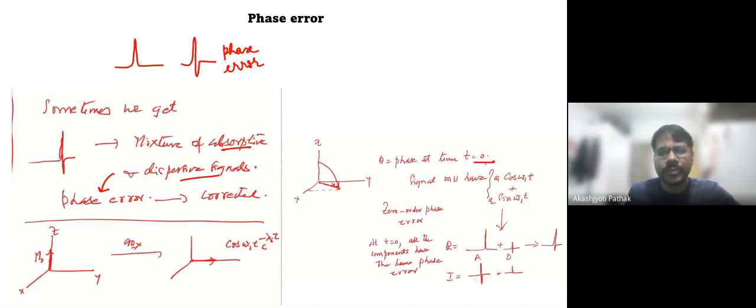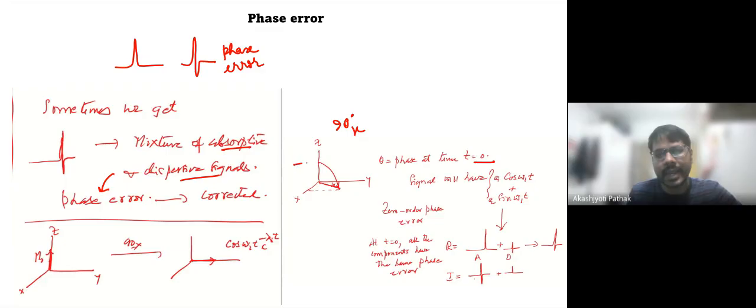But if there is a delay in the time, or it is not exactly applied in the x direction, then there is a problem. You want the z magnetization to come to the y-axis.